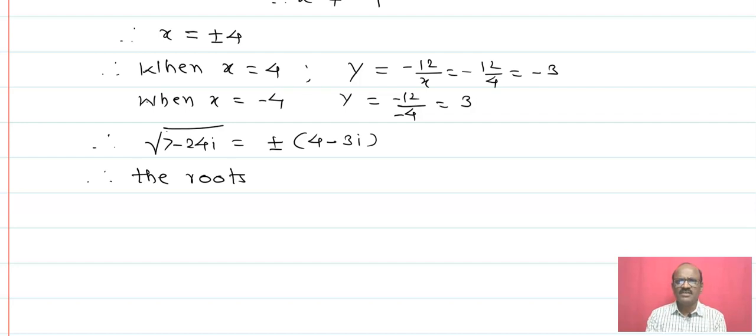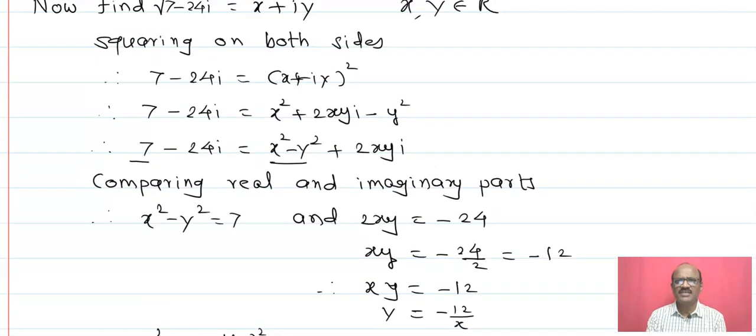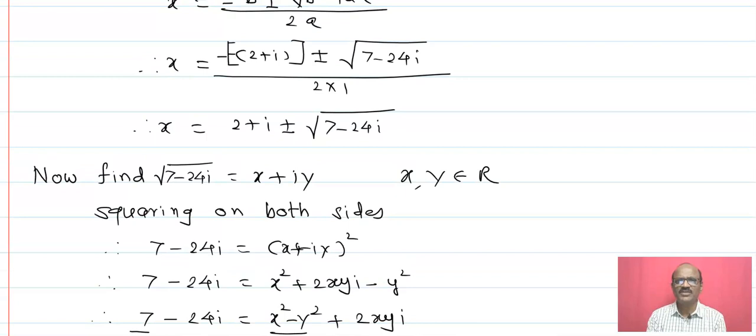Now, the roots are from the above equation. We'll see now here. The roots of the equation are x is equal to, that is, 2 plus i. Now see this, I am changing here now. It is divided by 2, which must be there. 2 into 1, that is 2.